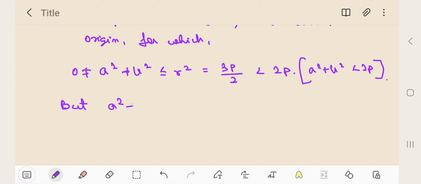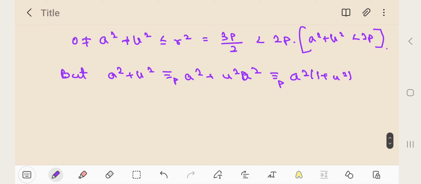But also a square plus b square is nothing but a square plus u square a square, because I had chosen that b is congruent to ua modulo p. This is congruent modulo p to a square times (1 plus u square). But we have seen that u square is congruent to minus 1 modulo p, which implies that u square plus 1 is congruent to 0 modulo p.